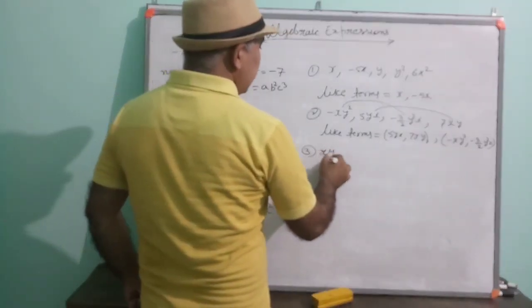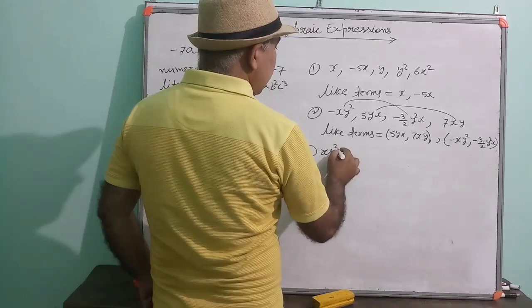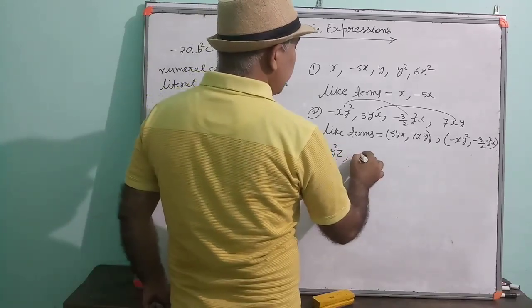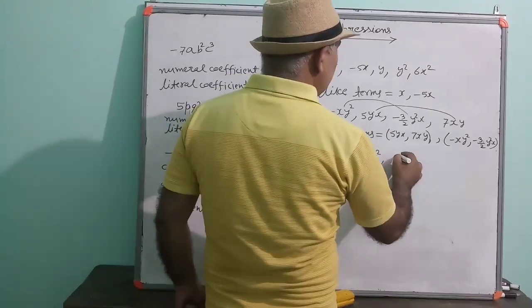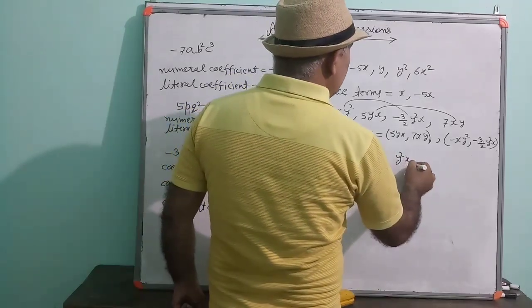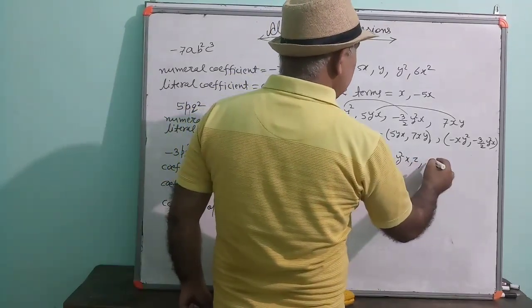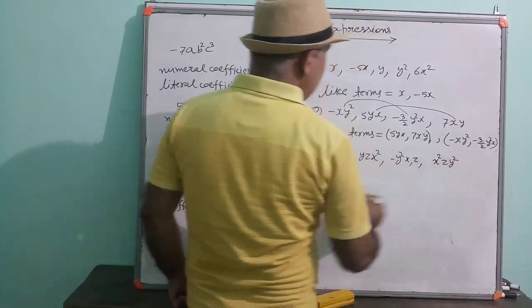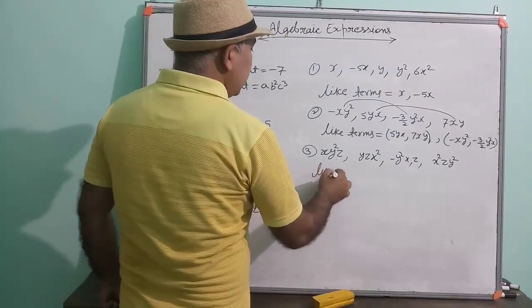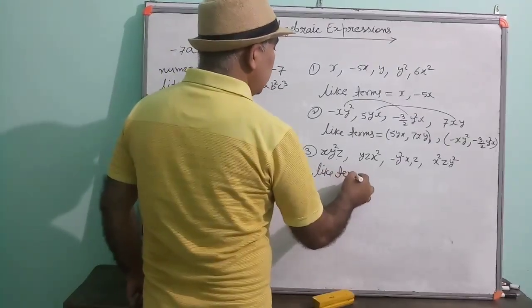See one more example. x square, xy square z, yz x square, y square xz with minus sign, x square z y square. What will be the like terms here?